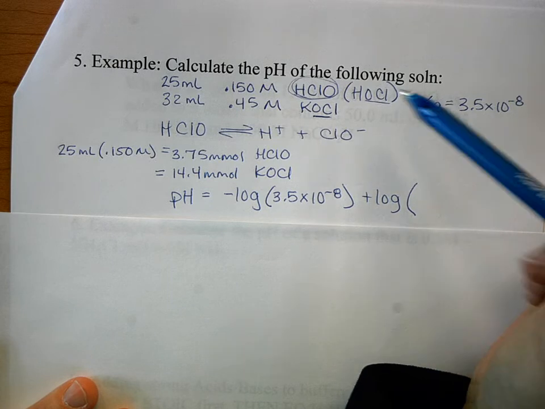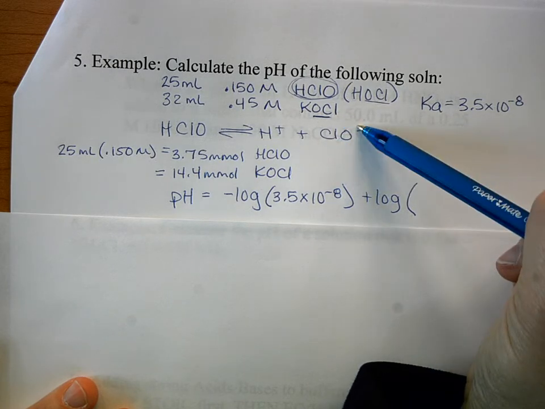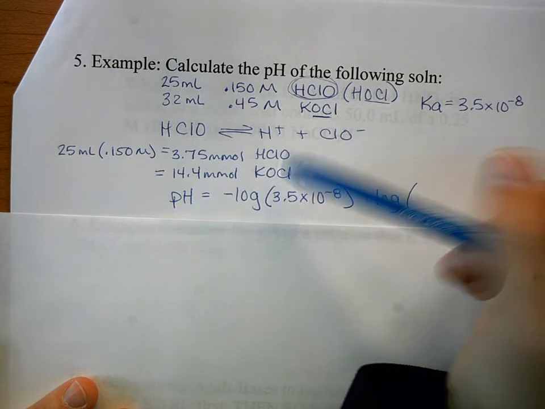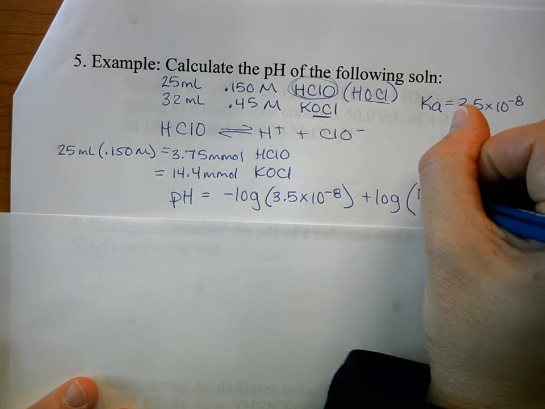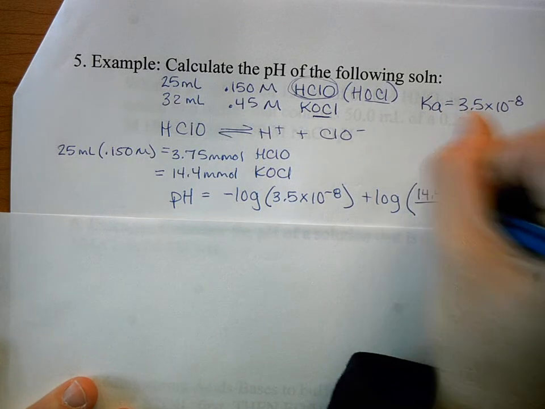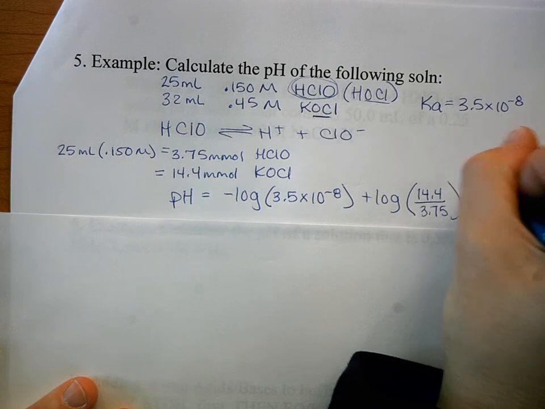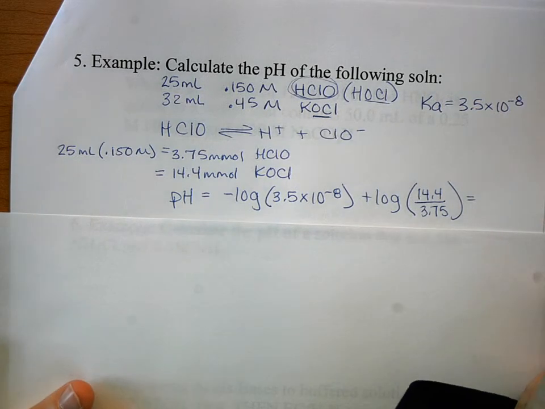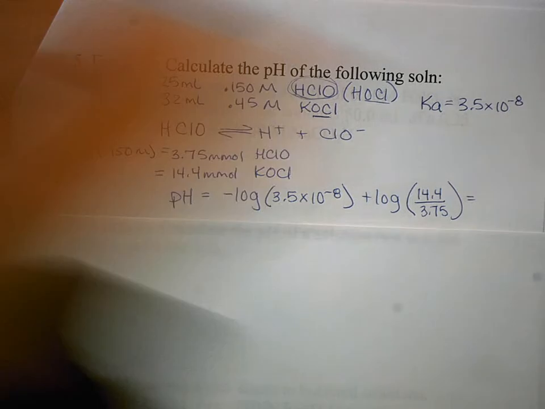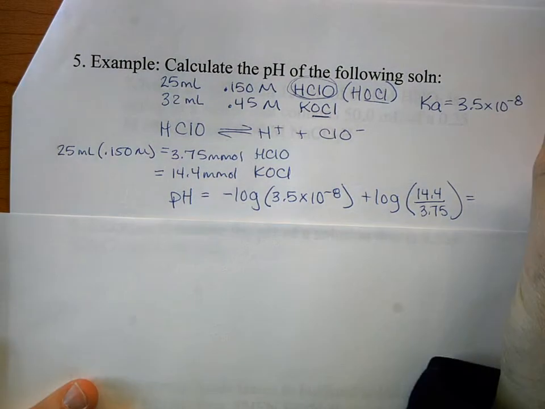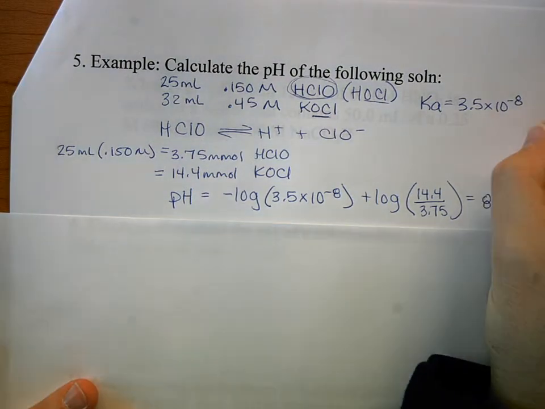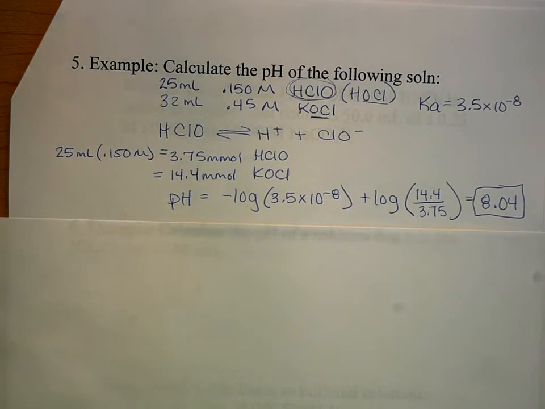The base is the OCl, or the ClO ions, which is coming from KOCl, so it's 14.4 over 3.75. And you should get 8.04 as your pH.